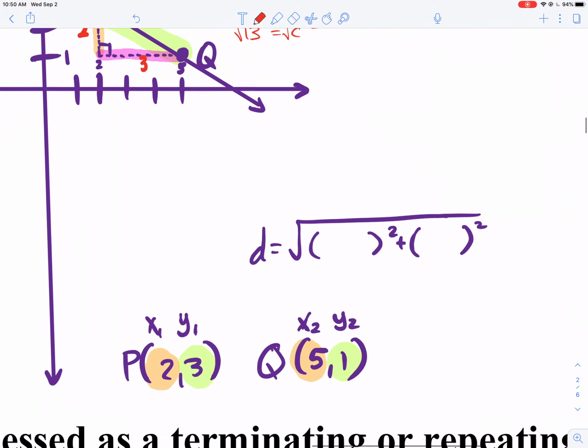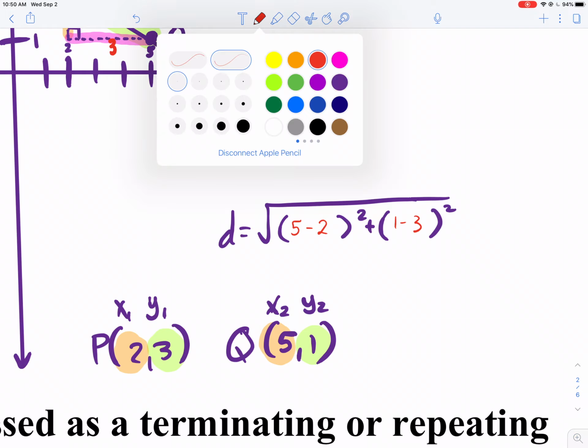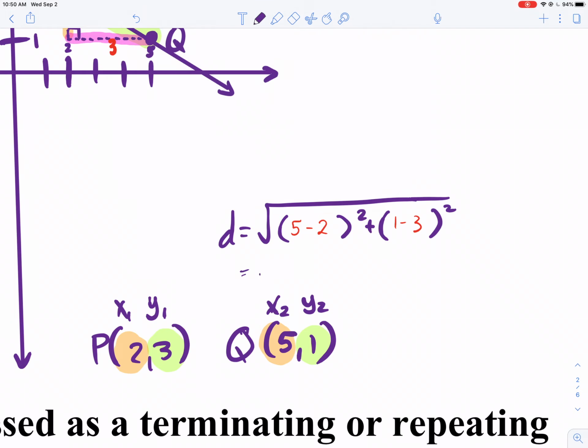Okay. If I went down here and I did this one and I plugged in my x's and my y's, if I did 5 minus 2, and then I did 1 minus 3. If I went through and I calculated, 5 minus 2 gives me 3. It's going to be squared. Plus 1 minus 3 is going to give me negative 2.